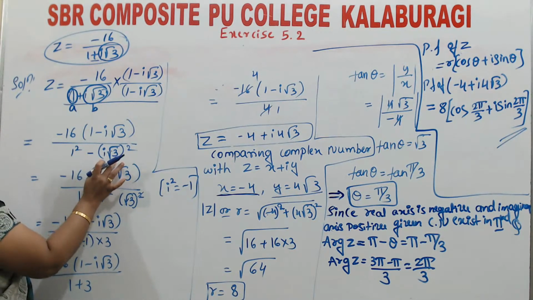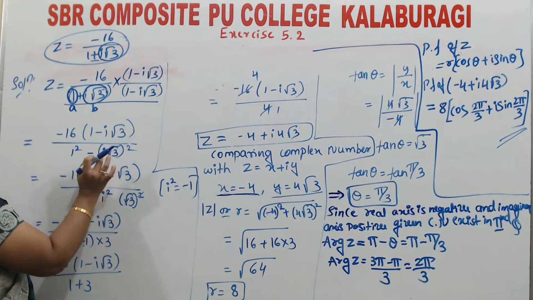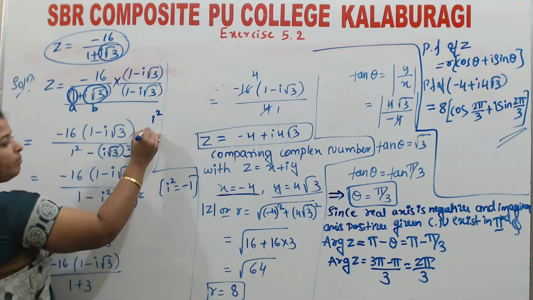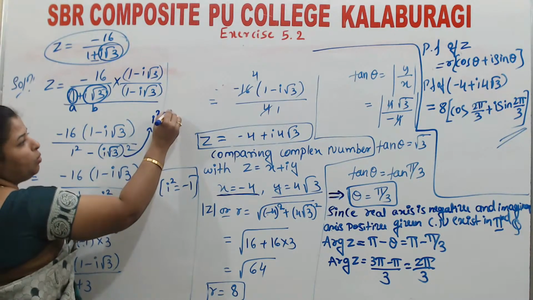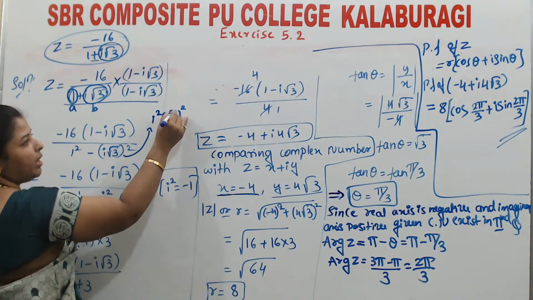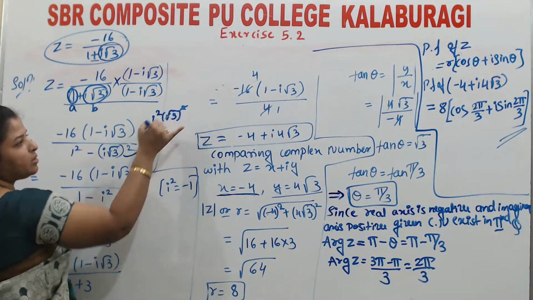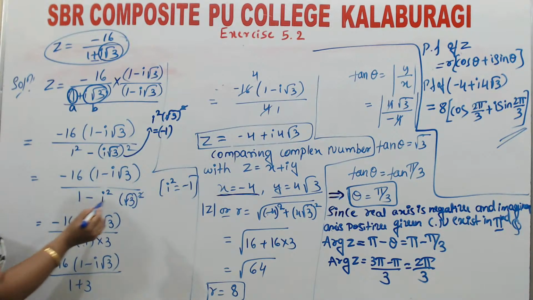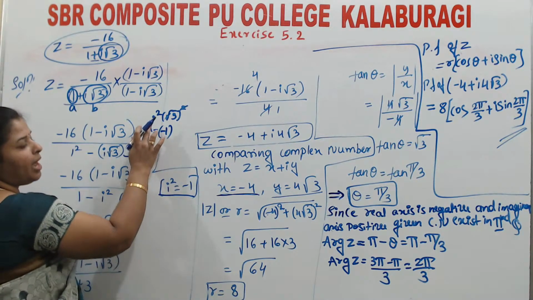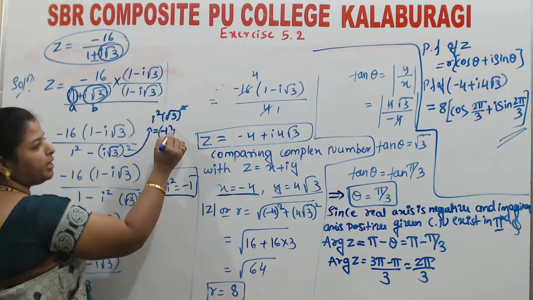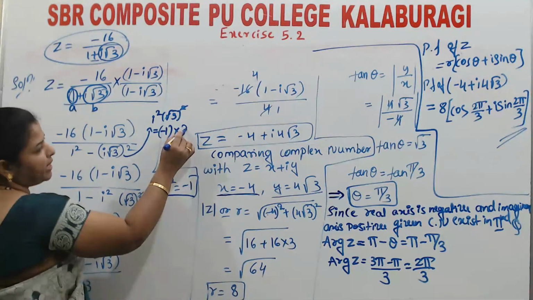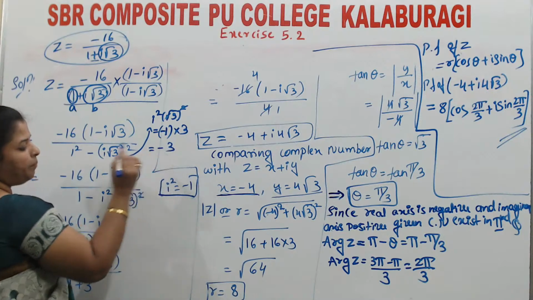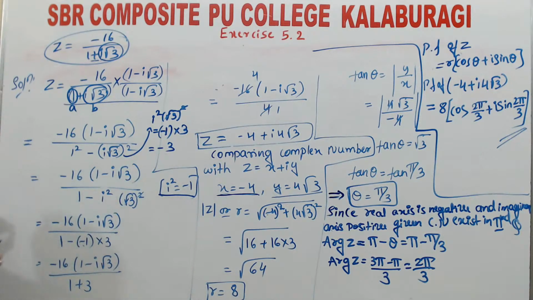Here we apply the squares separately, so it becomes i square into root 3 whole square. Then the square root gets cancelled. I square value, we already know, is minus 1. Therefore, i square is minus 1, square and square root get cancelled, which is 3. Minus 1 into 3 is equal to minus 3.